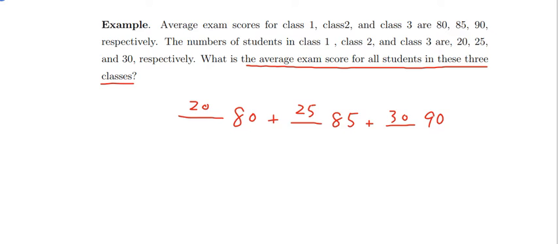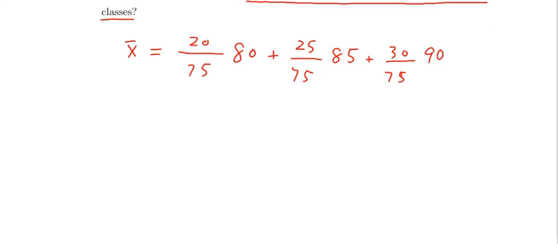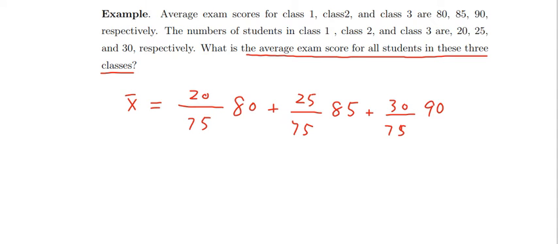Then the total students, added up, is 75, right? So the average for all should be calculated this way. Okay, so now we understand the weighted average.